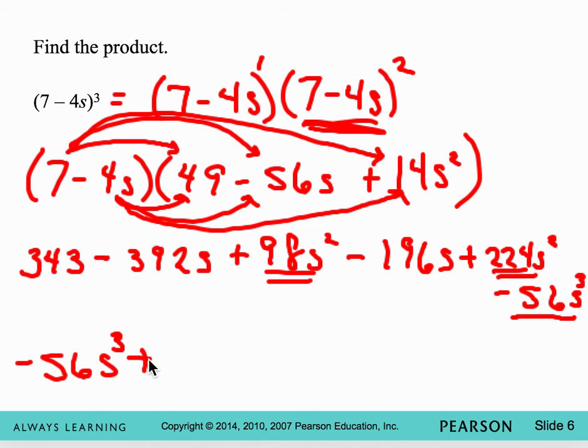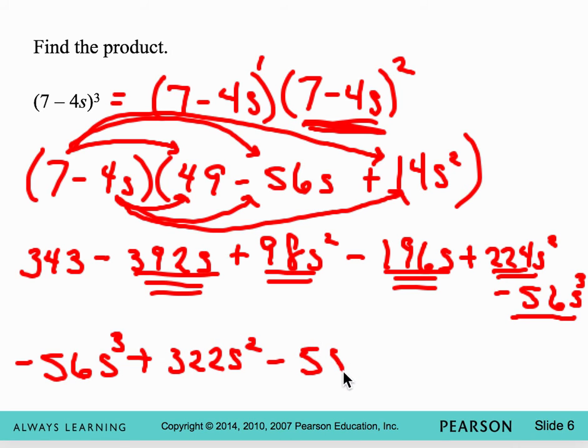So plus 322s squared. Here's just an s, here's just an s. They're both negative, so really I'm going to add them and keep that sign in front of the bigger one. So what's this? 588s. And then finally, plus 343.